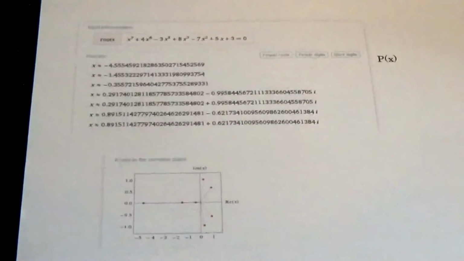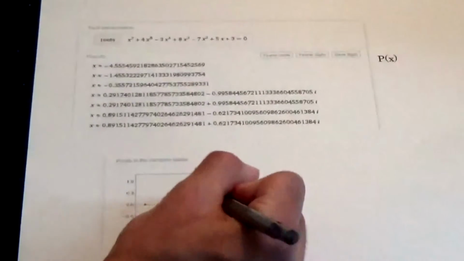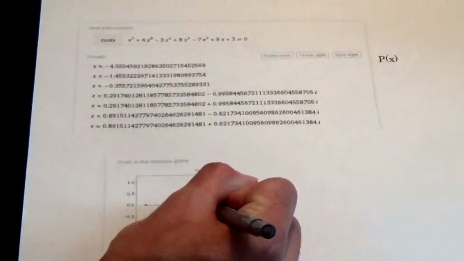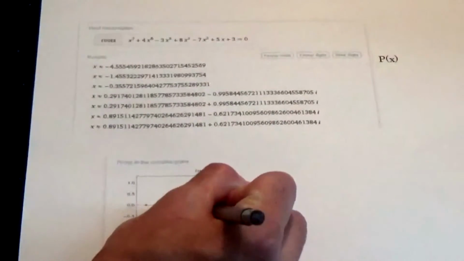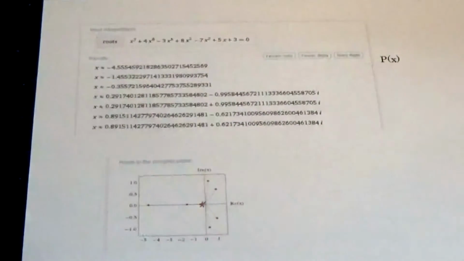Remember, negative 4/7 is the number we're looking for, and the reason is simply because negative 4/7, which should be somewhere around here, is the average of all of these roots.